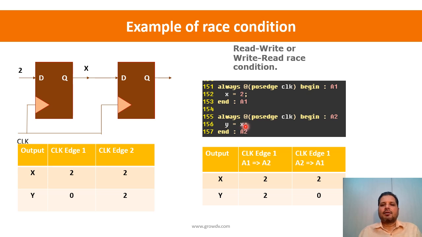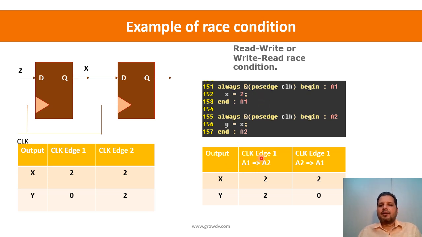According to the LRM, when we have these two always blocks, both of them could be scheduled in any order. There is an indeterminism in the ordering of execution of the always blocks. There's no guaranteed order between them.